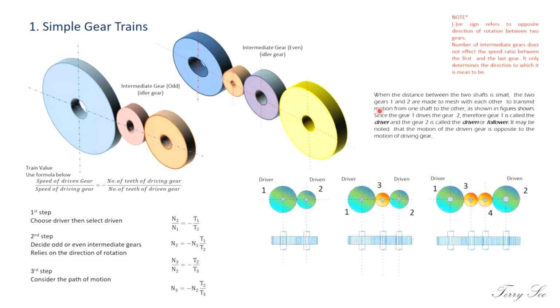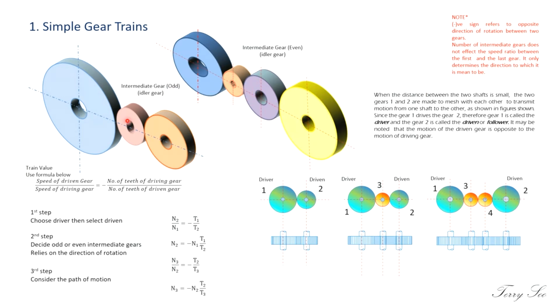From here, I will show you the way the gears rotate. Before that, take note: the negative sign refers to the opposite direction of rotation between two gears. The number of intermediate gears does not affect the speed ratio.